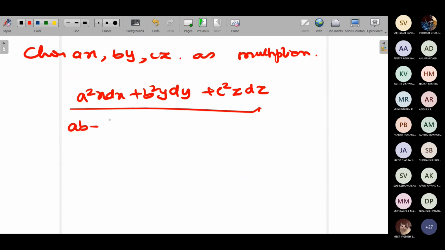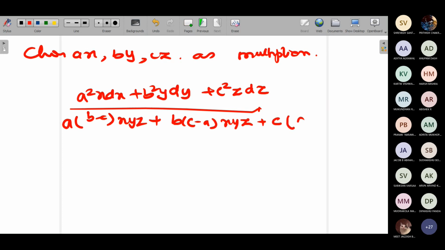I'm multiplying by ax, right? So a into b minus c into xyz. The second term will be b into c minus a into xyz. The third term will be c into a minus b into xyz.